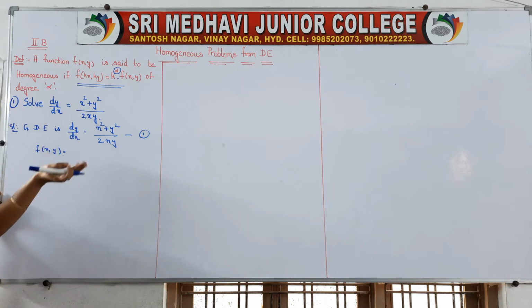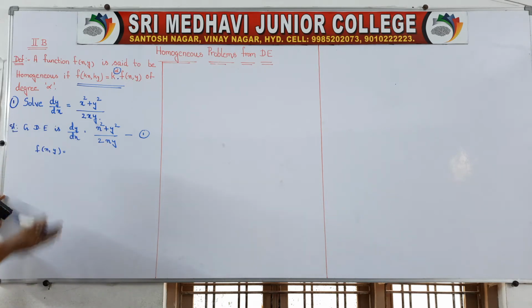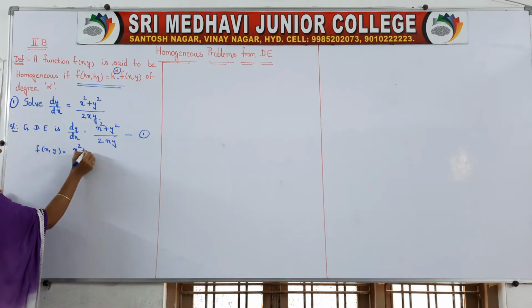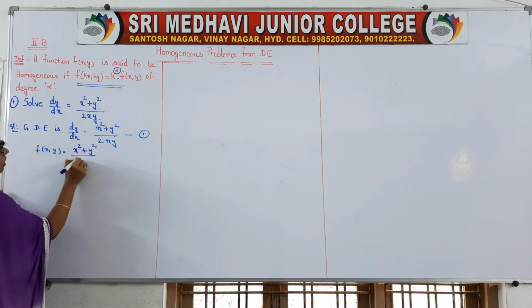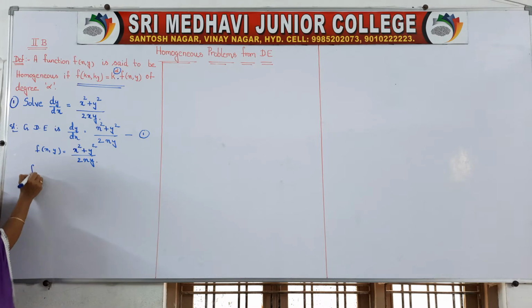Equation in terms of function means any equation in terms of x comma y. So it is x square plus y square by 2xy. Now you take this as f of kx comma ky.